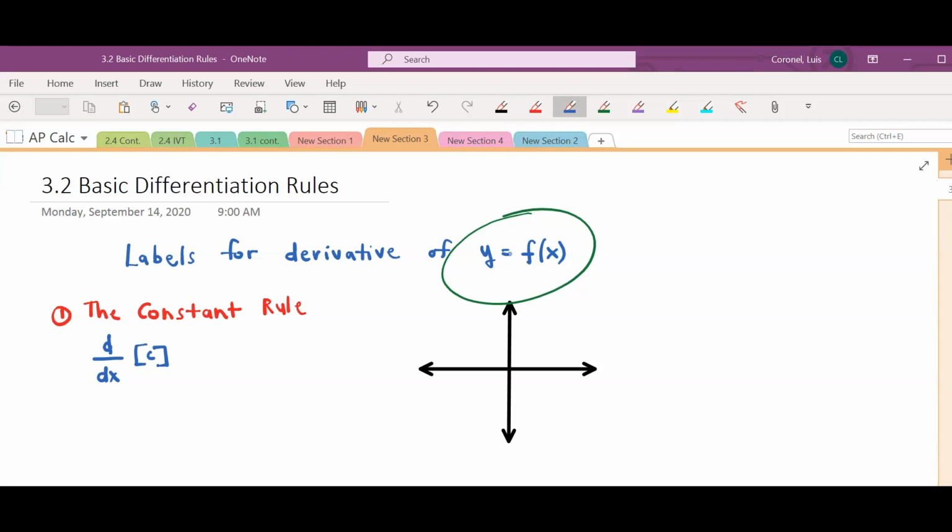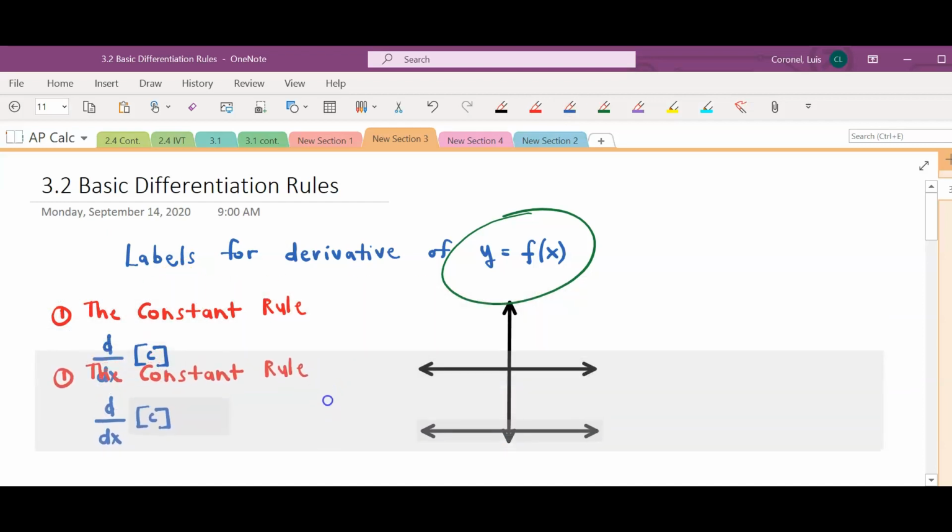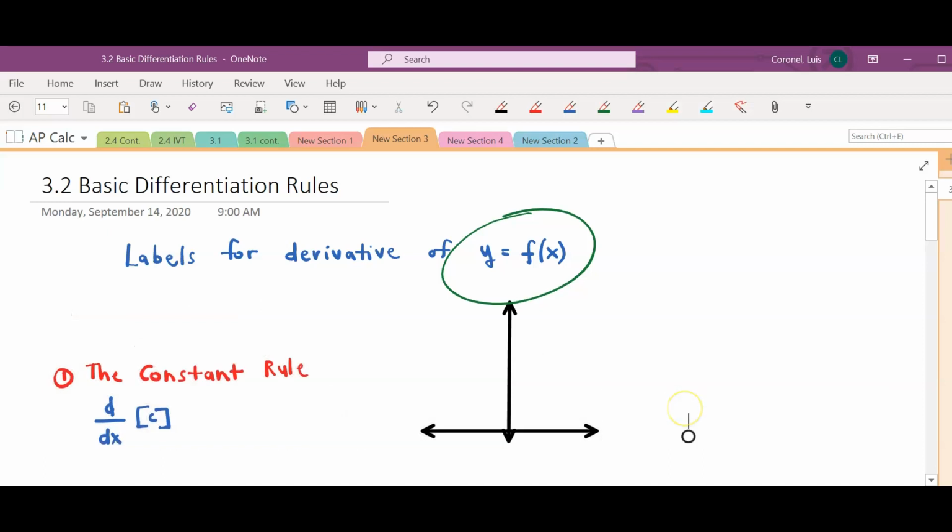Then a way of labeling the derivative is saying... give me one moment. Let me move this down a little bit so I can write the labels right underneath.